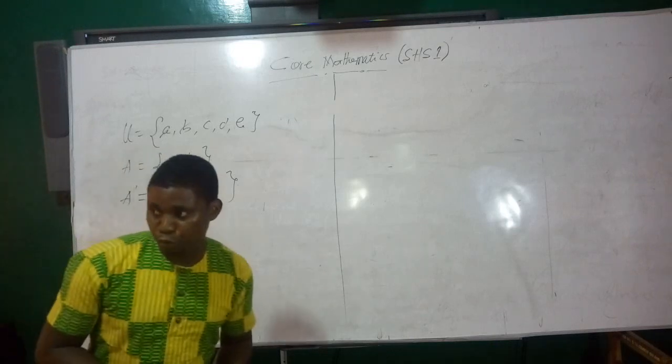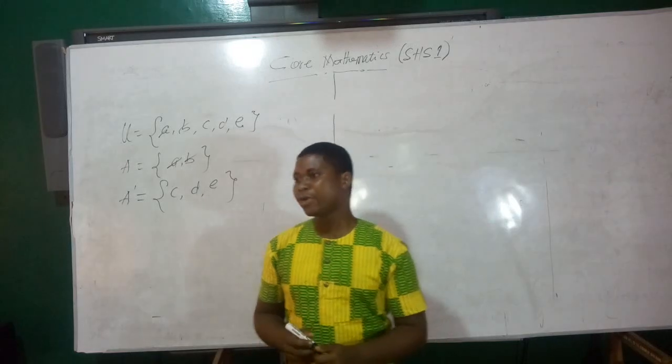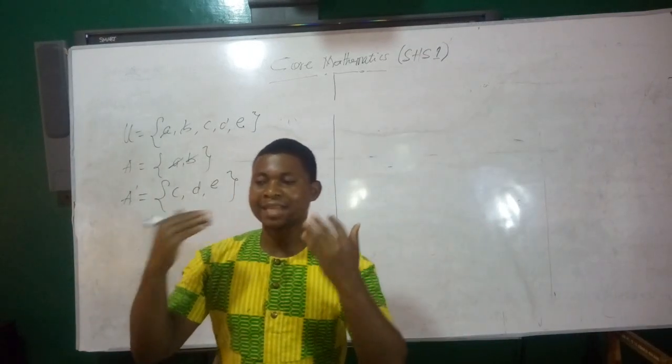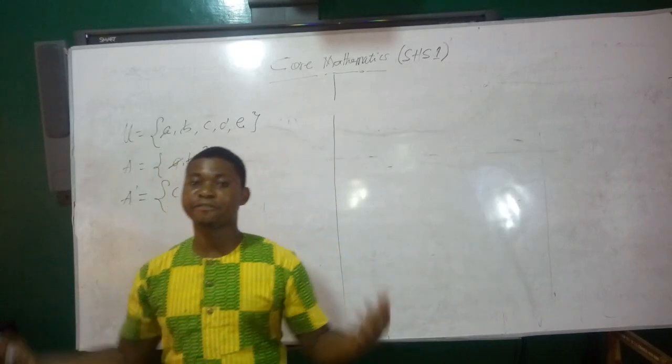So this is the complement of A. Now we are moving to today's topic. Today's topic is the two set problem. With two set problem, we are going to use the Venn diagram.